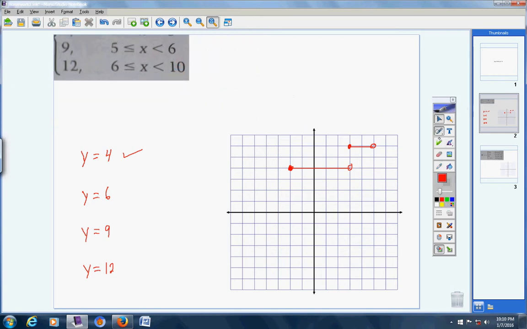The next line we're going to have, I'm going to extend this a little bit. And here we go.